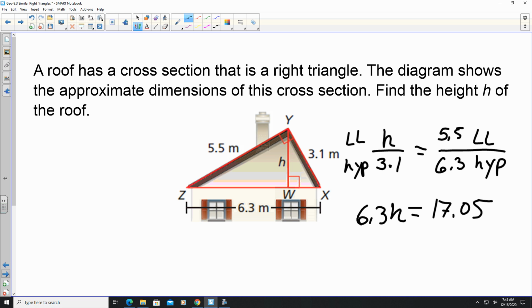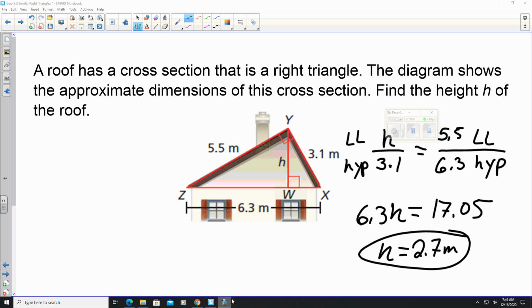Dividing everything by 6.3, I get a value for H that is about 2.7 meters. And there are other ways that you could have possibly solved this, but this was the way that I went about solving it.